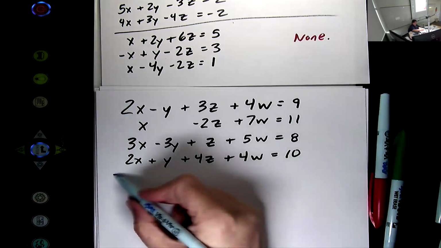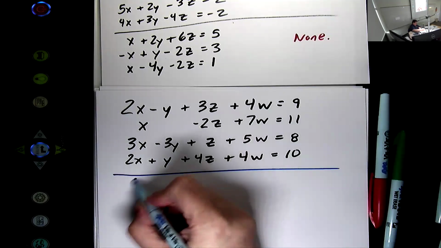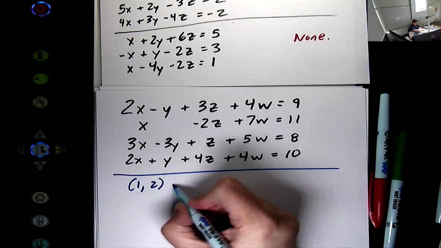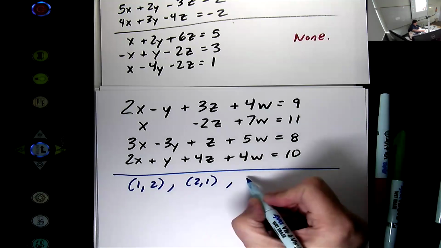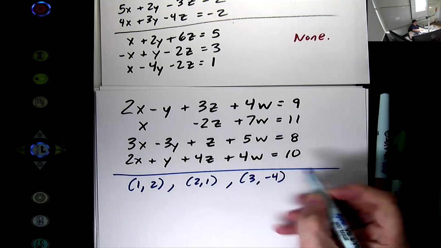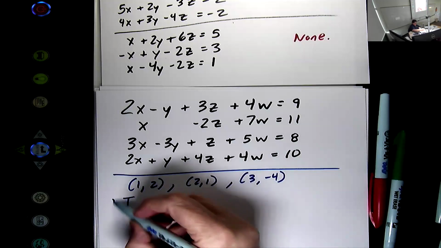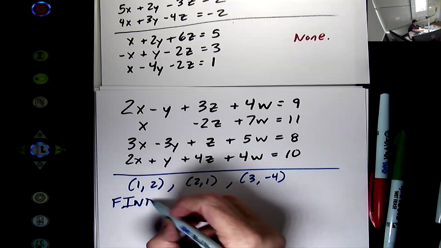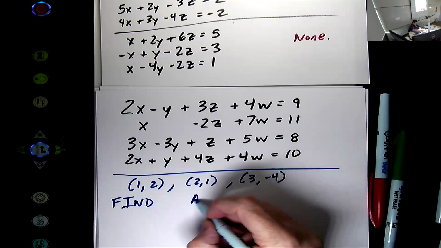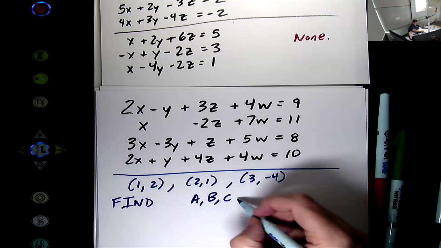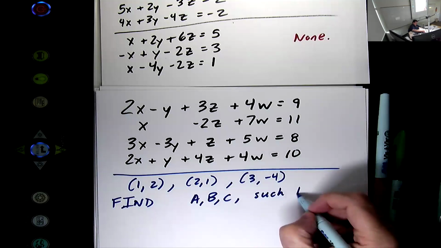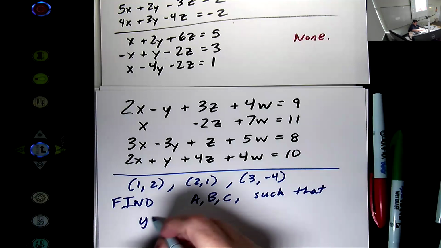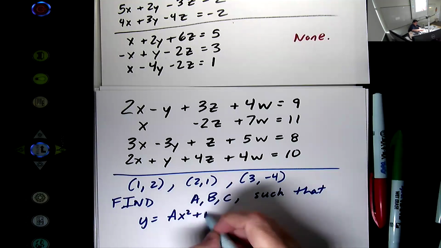So like, we have 3 points: 1, 2, 2, 1, 3, -4. Find a, b, and c such that y equals ax squared plus bx plus c.